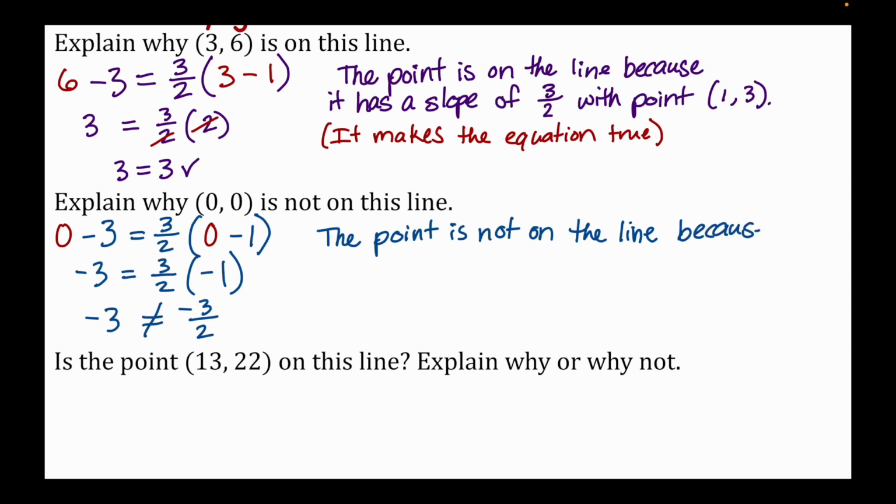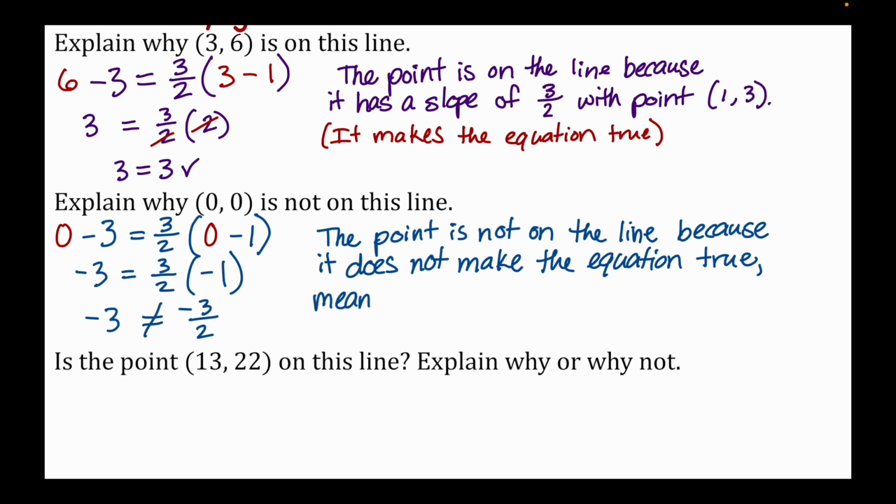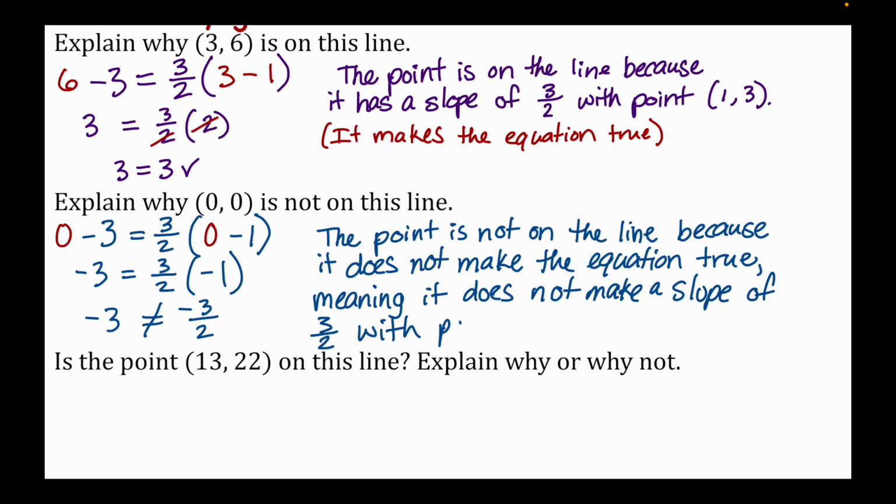because it does not make the equation true, meaning it does not make a slope of 3/2 with point 1 comma 3.